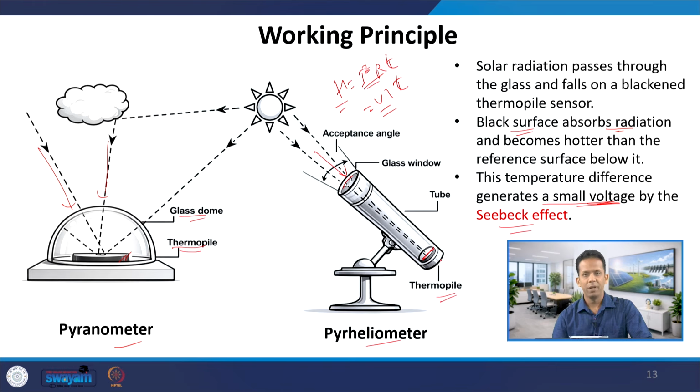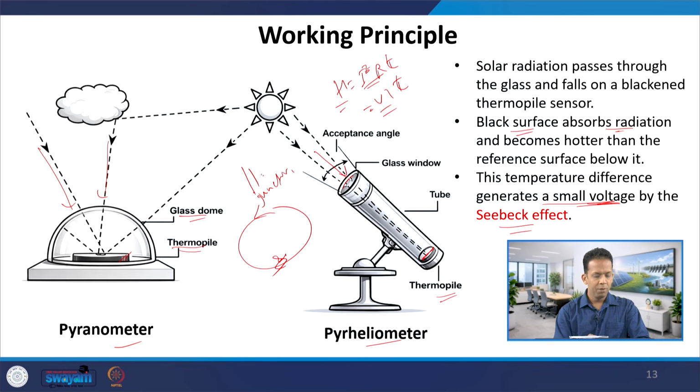It was proposed by Thomas Seebeck, and it is the direct conversion of temperature difference into voltage. It typically happens when two dissimilar conductors or two dissimilar semiconductors are joined in a loop, and there is a temperature difference between the junctions.